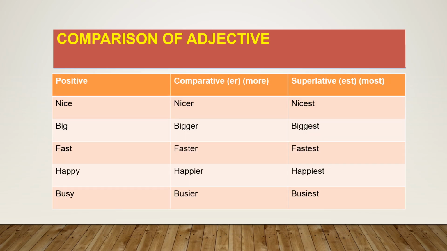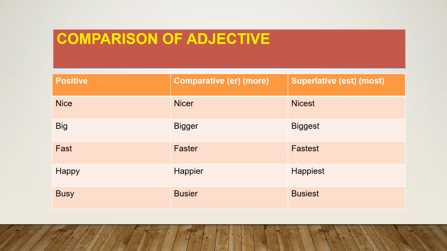Here is the rule for changing the adjective from the positive to the comparative and superlative forms. So if you know the adjective in the positive form, you can make it into a comparative or superlative adjective by remembering these rules.